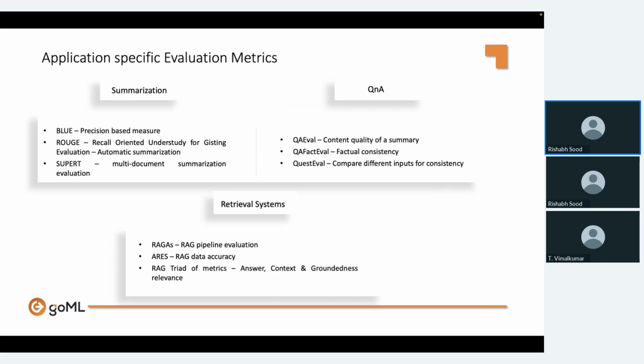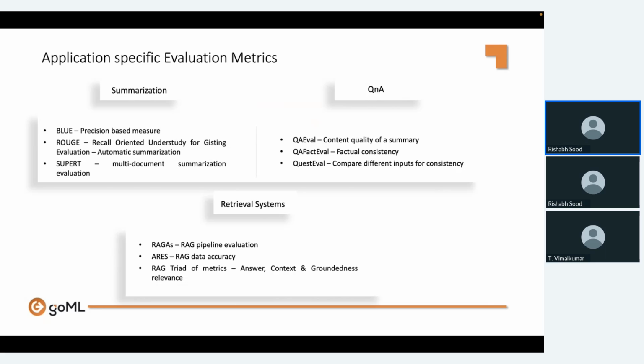ROUGE, which is Recall-Oriented Understudy for Gisting Evaluation. Again, as the name suggests, it's primarily for summarization or gist generation of your underlying data, and is primarily used to evaluate automatic summarization. If you get into the details, your model generates a summary, and this particular metric also generates a summary, and then it compares how well the two match.